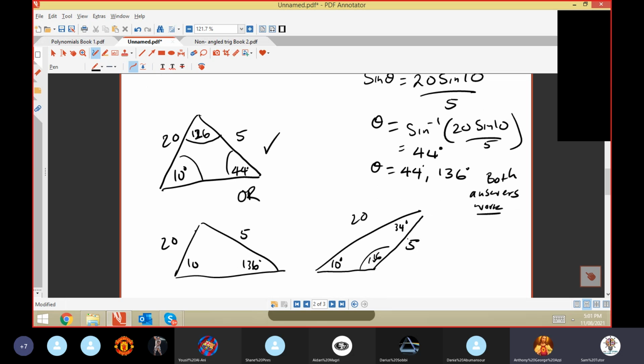If that's the case, well then guess what? This triangle also works. So this triangle works and this triangle works. They're obviously two different triangles, but the angles both would allow you to have this angle as 10 degrees, this side as 20, this side as 5. Does that make sense? Yeah. 100%? Yeah, for sure.